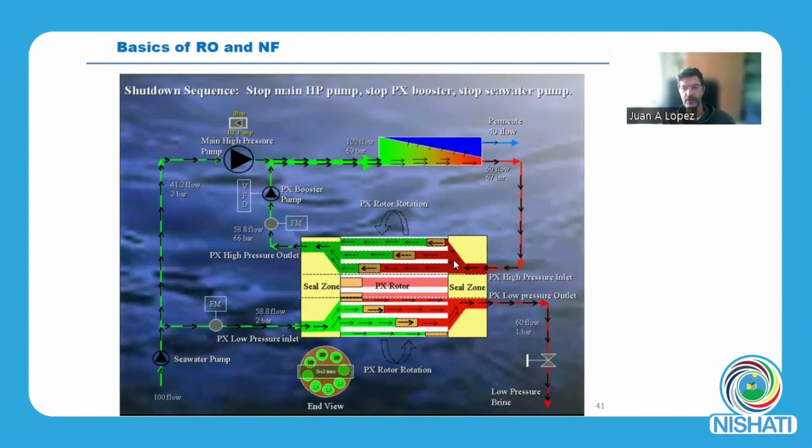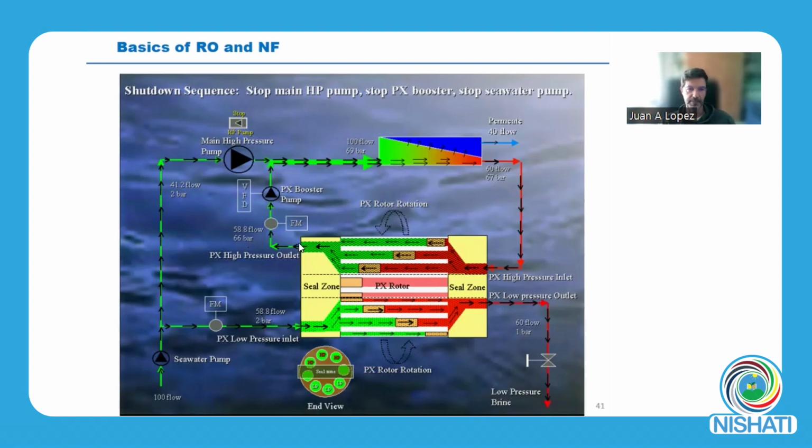So you have a lot of energy in this water stream. You put it in this system, and from the seawater you derive one part here. This is pushing away the low pressure brine, but here is entering high pressure, and you pressurize until 66 bars. So you transfer pressure from the concentrate to part of the feed water.